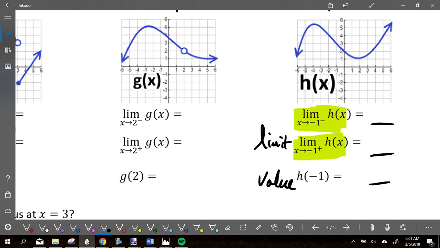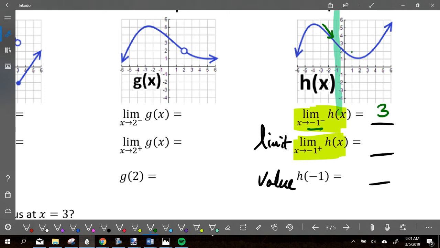So looking at this graph right here, we're doing it at -1. So I really only care about this spot right here. Here's -1. What is the limit going to be at -1? What are you approaching from the left-hand side? As I go from the left-hand side, what am I getting closer to? 3.